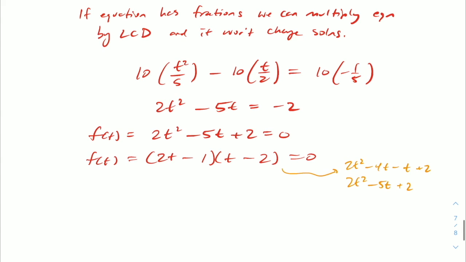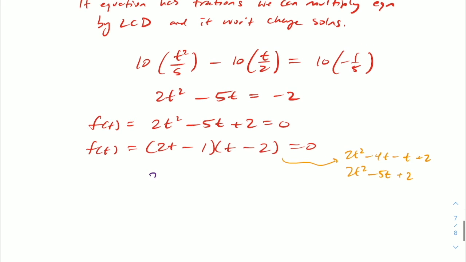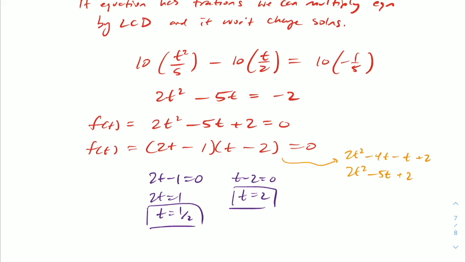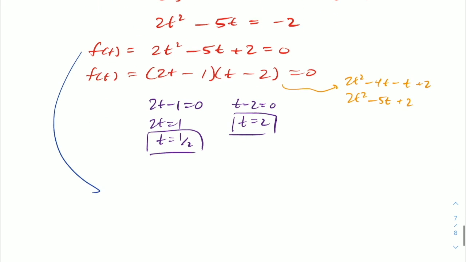So this gives us two solutions. 2t minus 1 equals 0 gives us 2t equals 1, or t equals a half. And t minus 2 equals 0 gives us t equals 2. Those are our two solutions to this equation. We could also graph this function. If we graphed it, we would see that it's going to cross at a half and 2.